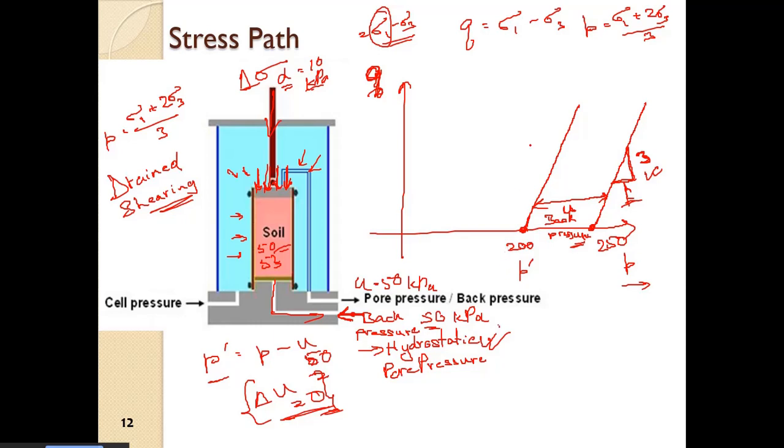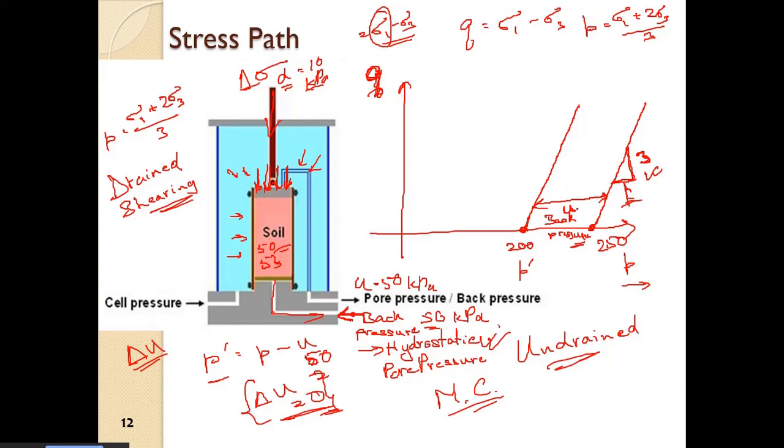Okay, now if it is undrained, and if it is normally consolidated, there will be development of pore water pressure, delta U will be generated.